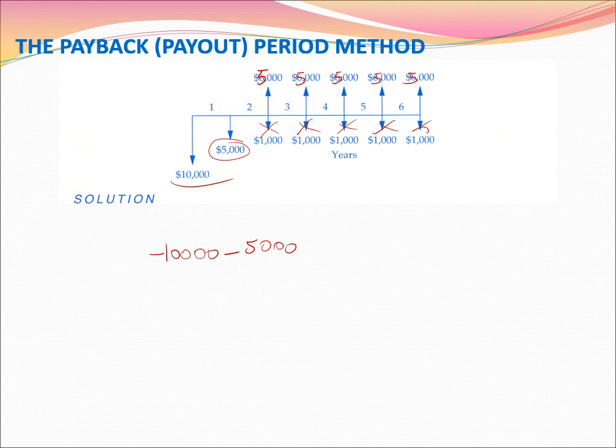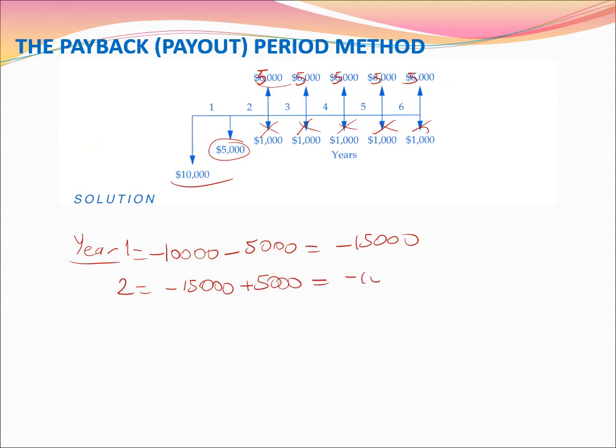So this is what happens at the end of year 1. It is minus 15,000. What happens in year 2? I have an earning of 5,000. So it is minus 15 total expense plus 5,000 earning, which is minus 10,000.